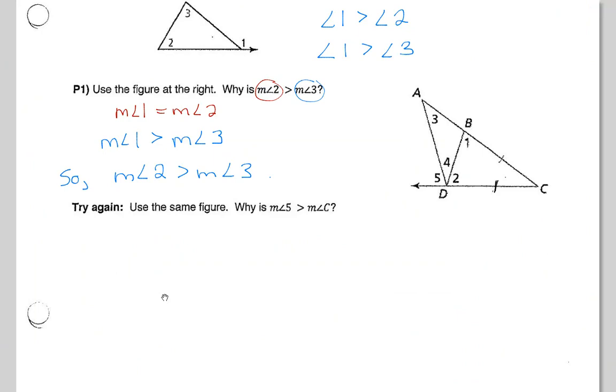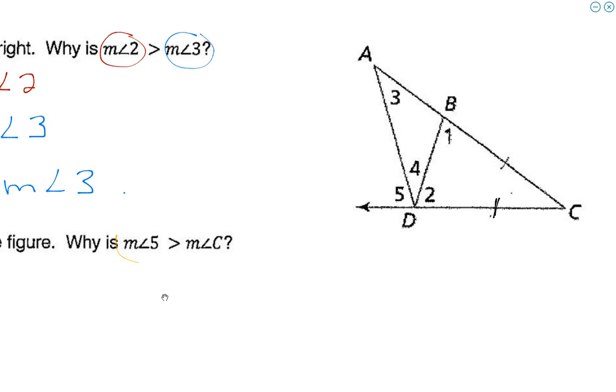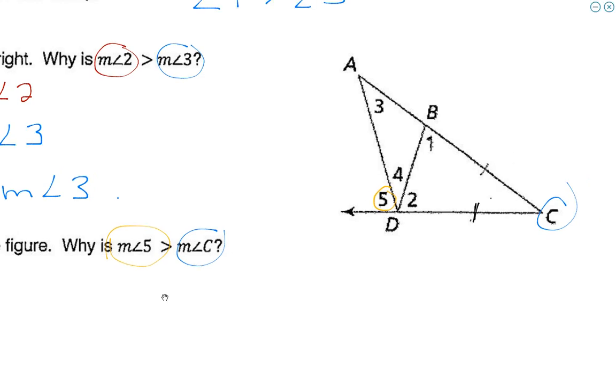All right, so the next one here. Using the same figure, why is the measure of angle 5 greater than the measure of angle C? For this, you really have to take a step back and look at the different triangles we have going on here. This time we're going to look at this biggest triangle and see that angle 5 is an exterior angle to that blue triangle, which would mean C is an interior angle.